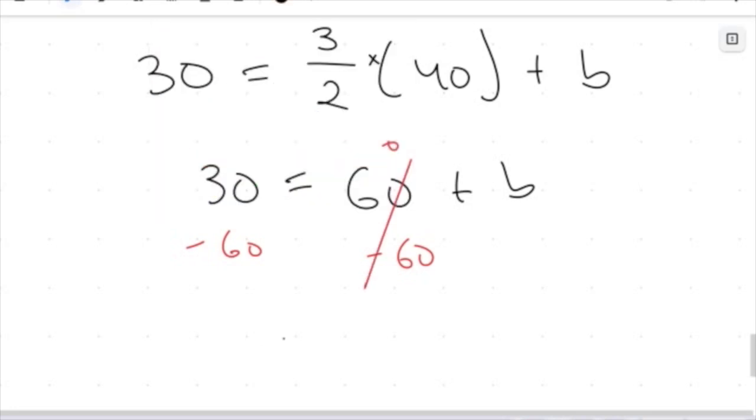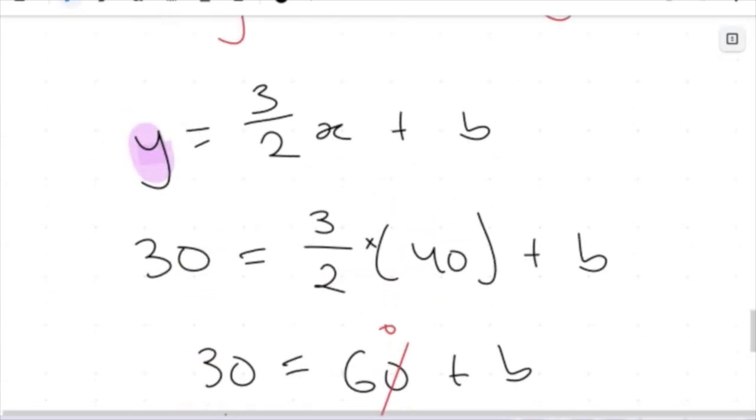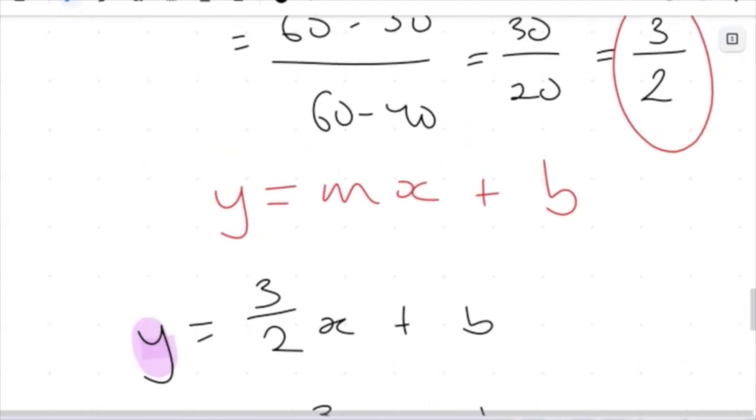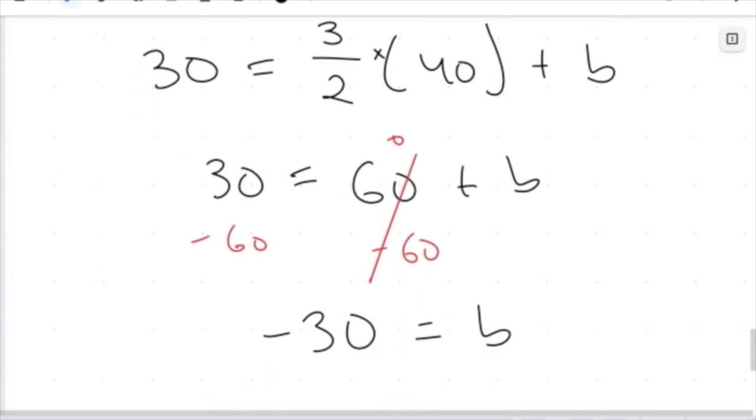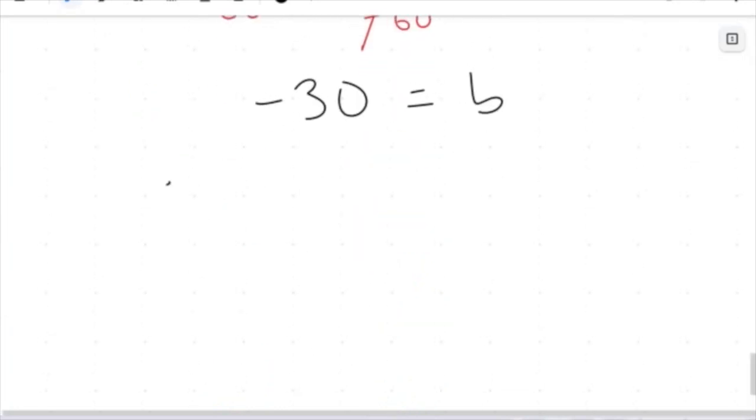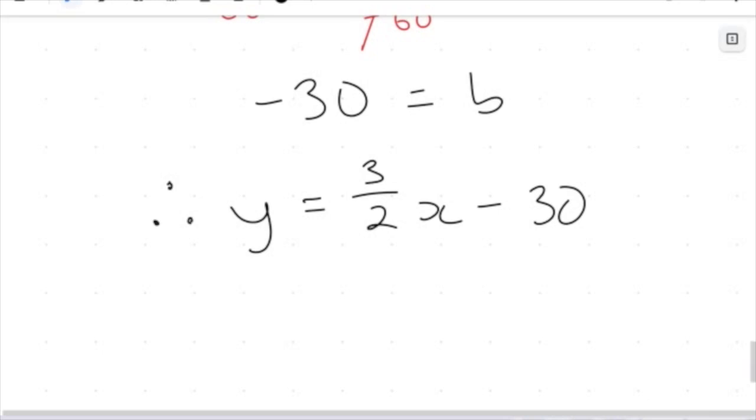So I get negative 30 equals b. So I have my b, I found my m from the previous part, so I can pop those into my equation of a line. So therefore my equation is y equals 3 over 2 x minus 30. So this is the equation of my line.